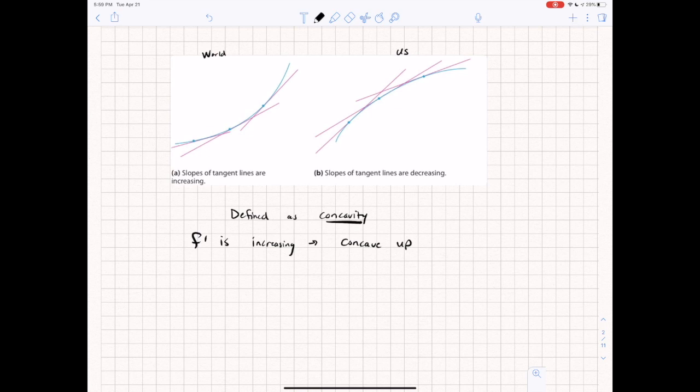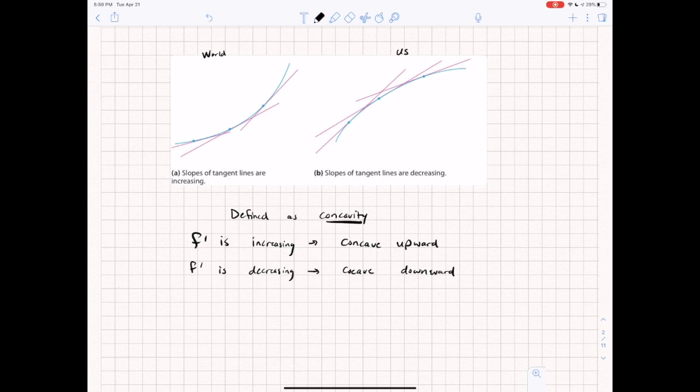So A is an example of being concave, and the textbook uses upward, so I'll try to be fancy and say upward. When my f primes are decreasing, then we refer to this interval as concave downward, or just concave down.